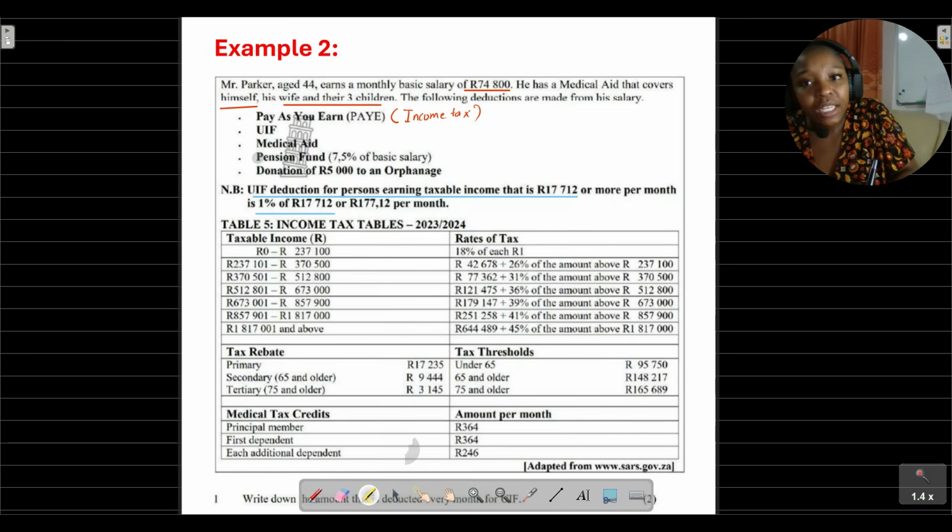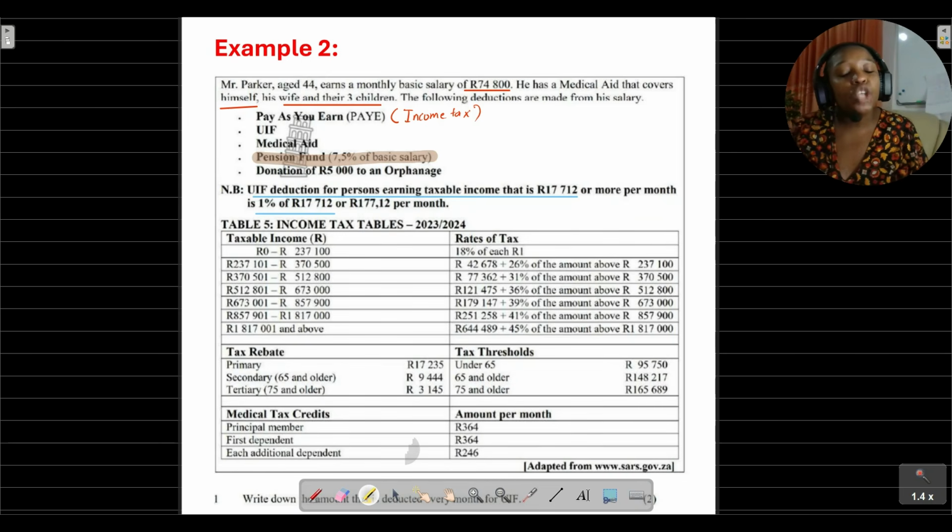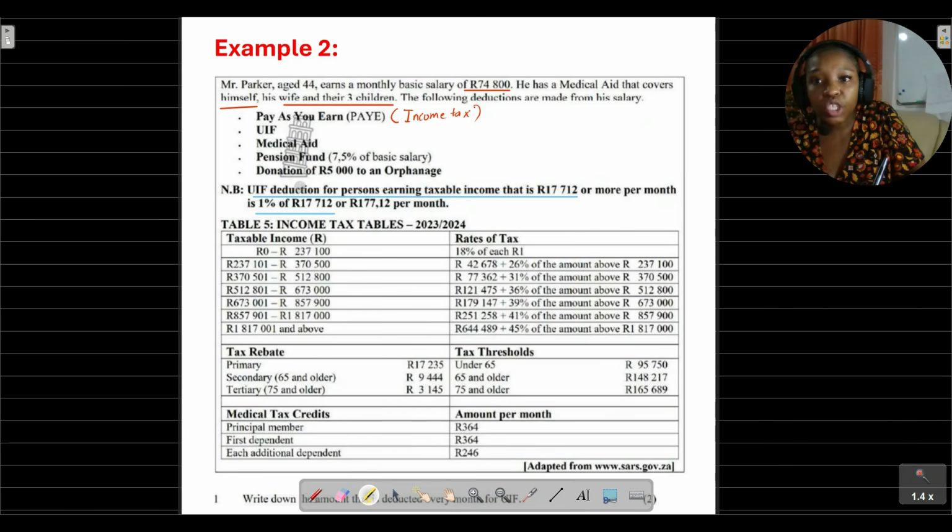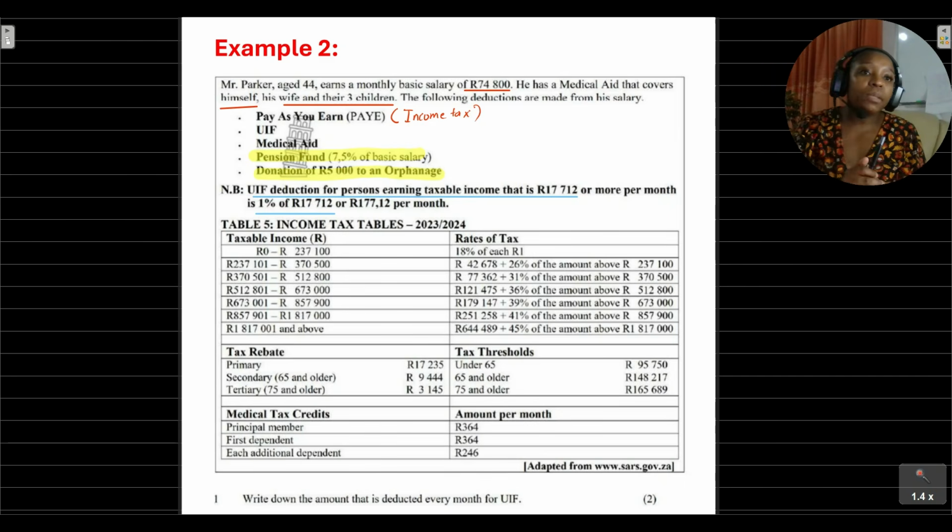We need to first deduct the pension fund contribution, because pension fund contributions are non-taxable. So we need to first minus Mr. Parker's pension fund contributions. What else must we deduct? We also need to deduct the donations that Mr. Parker makes every month, because donations are also non-taxable.